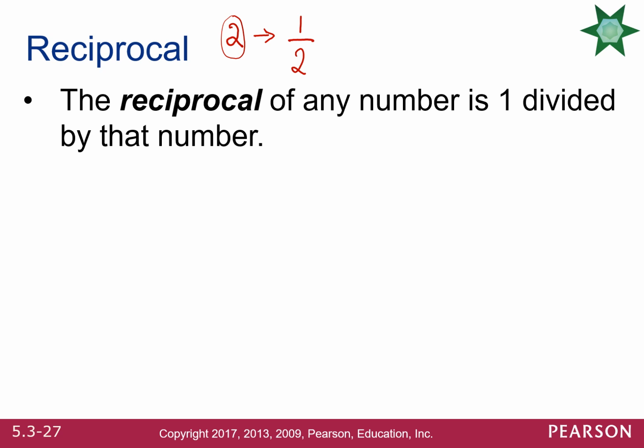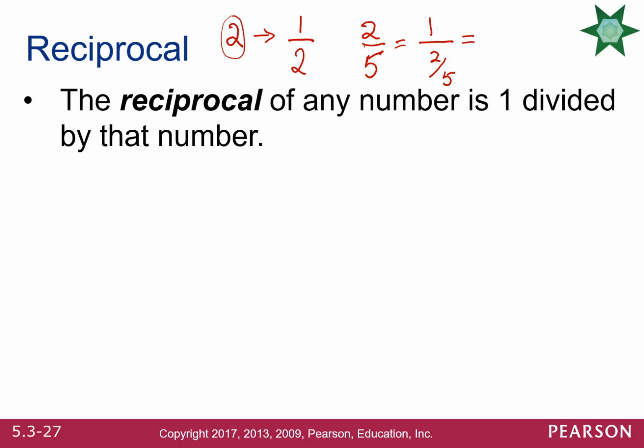Let's look at a fraction here, maybe 2 over 5. This is a fraction, correct? If I want to find the reciprocal of that, we can do 1 divided by 2/5.